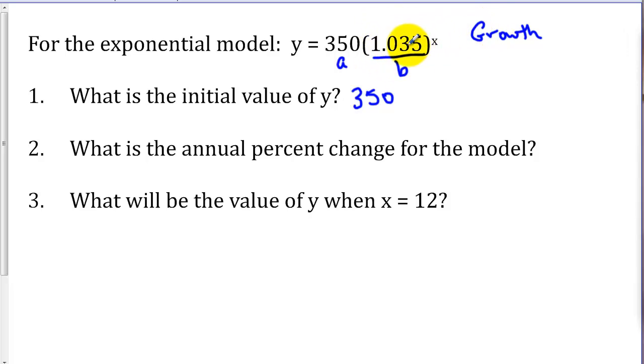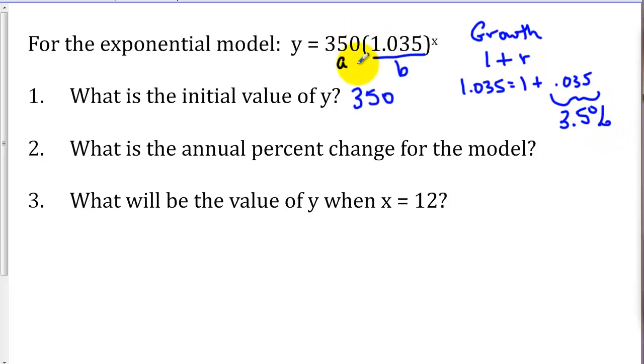And since this was growth, to get the percent, we did 1 plus the percent, the rate. So 1.035 would be 1 plus 0.035. And that as a percent is 3.5%.